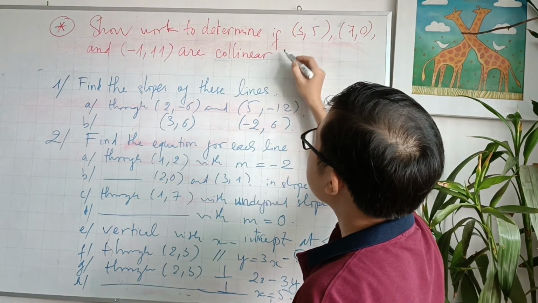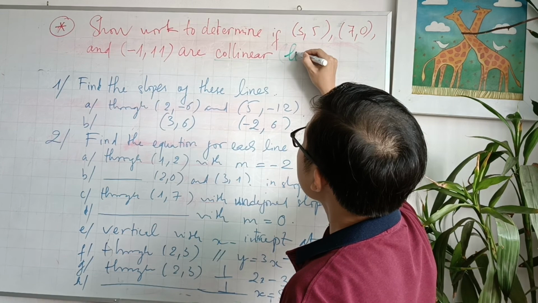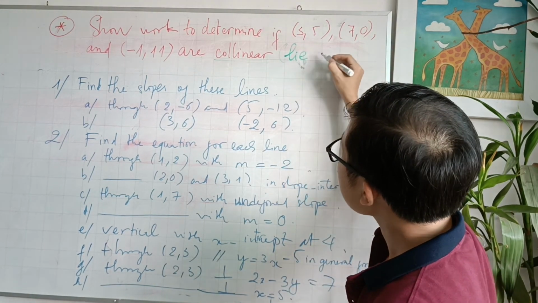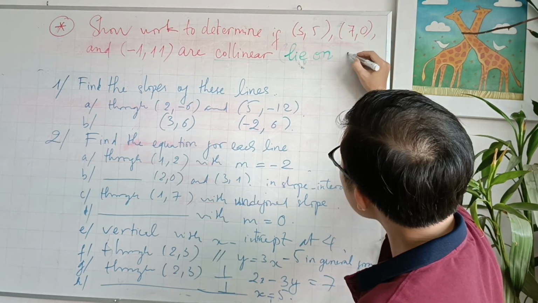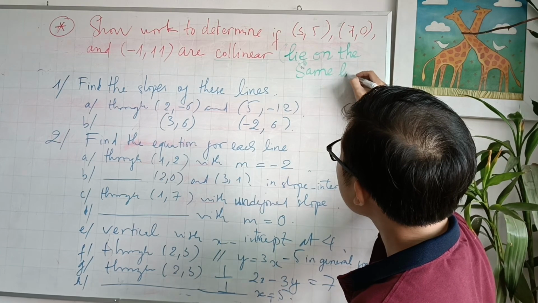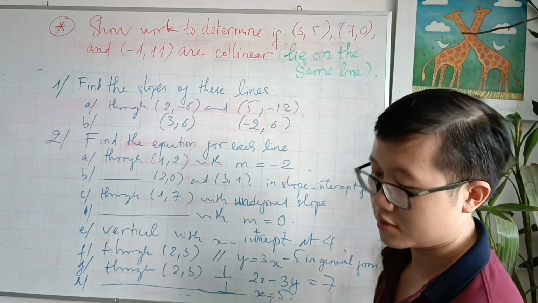Collinear is the term for lying on the same line.